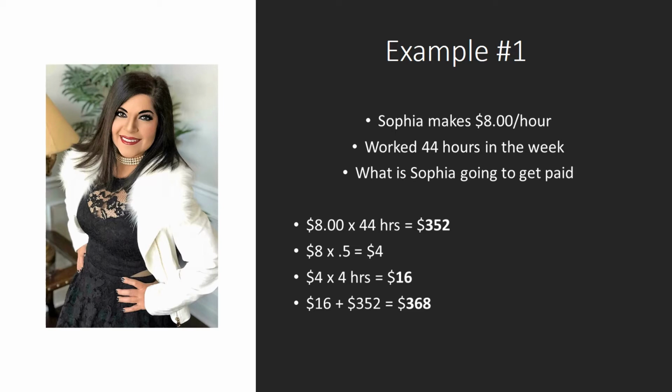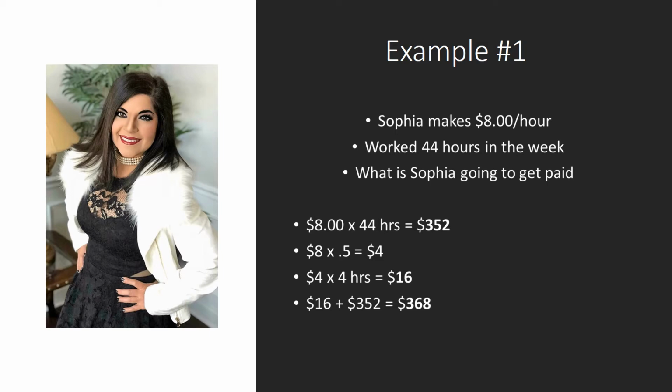That's $320, and then I would calculate the time and a half, which will be 8 plus 4, which is $12. $12 times 4 hours is 48. So 320 plus 48 comes out to 368. Exactly the same amount that you see over here. But I want you to get used to calculating overtime this way, meaning doing it times 0.5 to get that overtime rate.